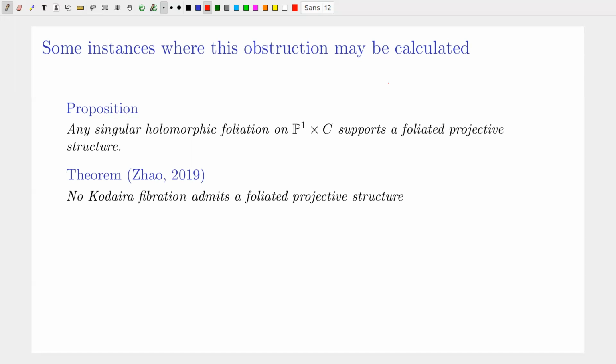And we also have cases where this obstruction has been calculated for a more general projective structure. This concerns the notion of Kodaira fibration. These are compact complex surfaces that fiber over a curve, whose fiber is also a curve.